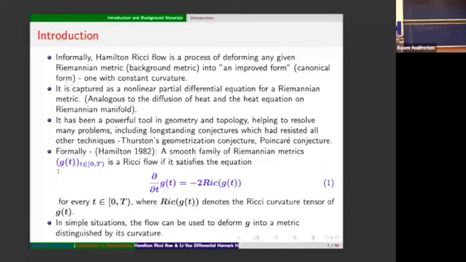If you look at this, the Ricci curvature tensor can be expressed in the form of a Laplacian, with some other lower order terms, so that this looks like partial t of g equals Laplacian of g plus some lower order terms.